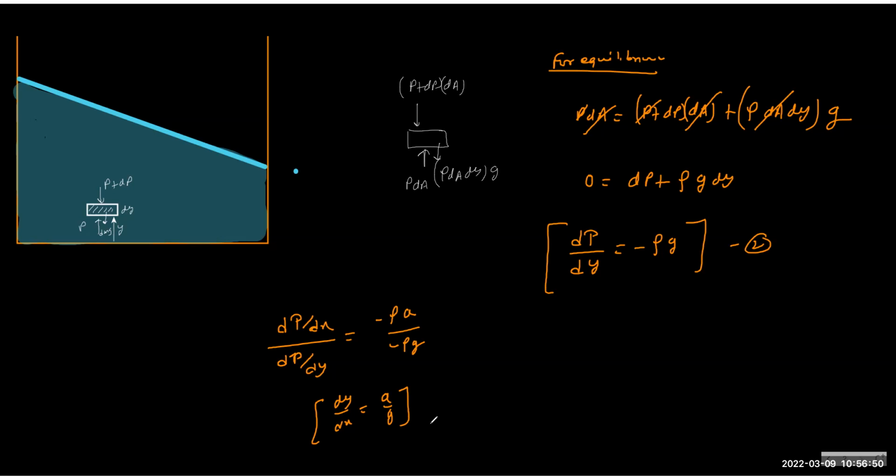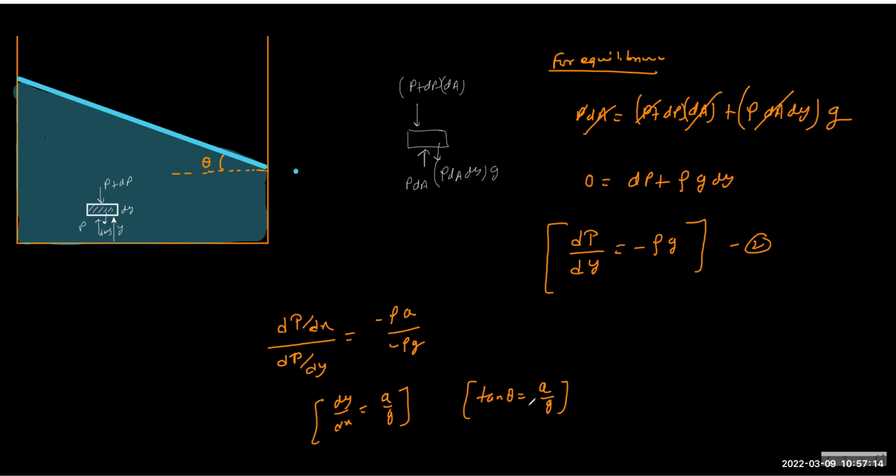So you can see that we have a slope which turns out to be constant. This is a rigorous proof that the slope is constant, and therefore we can say tan of the slope is a by g. We'll do it by some other method, but this is just a rigorous pressure analysis, and this theta turns out to be exactly this value a by g.